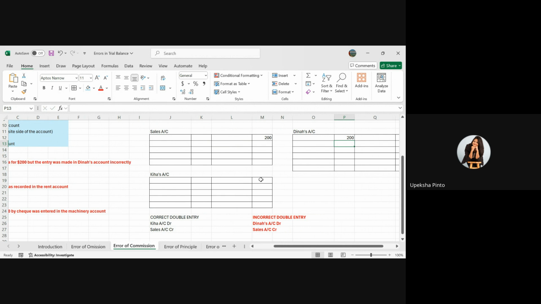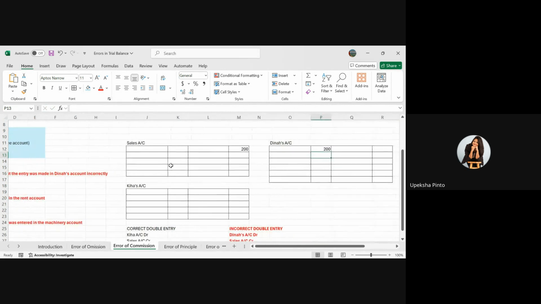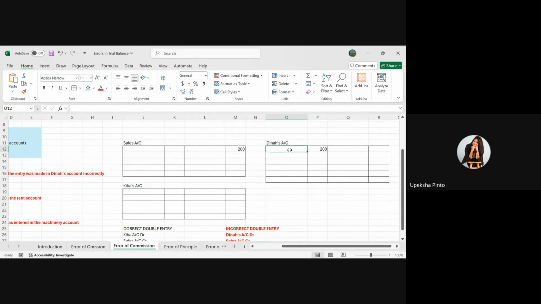So now it's our time to correct this. What do we have to do? Make an equal entry to the opposite side of the account. Now this is the incorrect account. I have to make it to the opposite side of the account. So making on the opposite side means Dina's account is going to be credited, right? So the incorrect account is Dina's account.